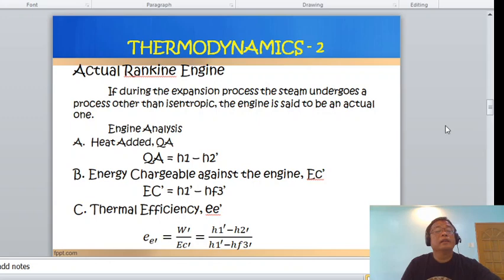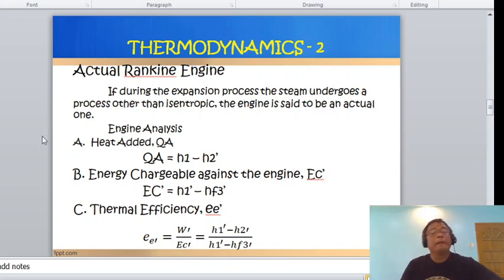Another, here we have the actual Rankine engine. If during the expansion process the steam undergoes a process other than isentropic, the engine is said to be an actual one. Again, for the work, W equals h sub 1 minus h sub 2 prime. Take note, class, we are only considering the engine, either a steam engine or a steam turbine.